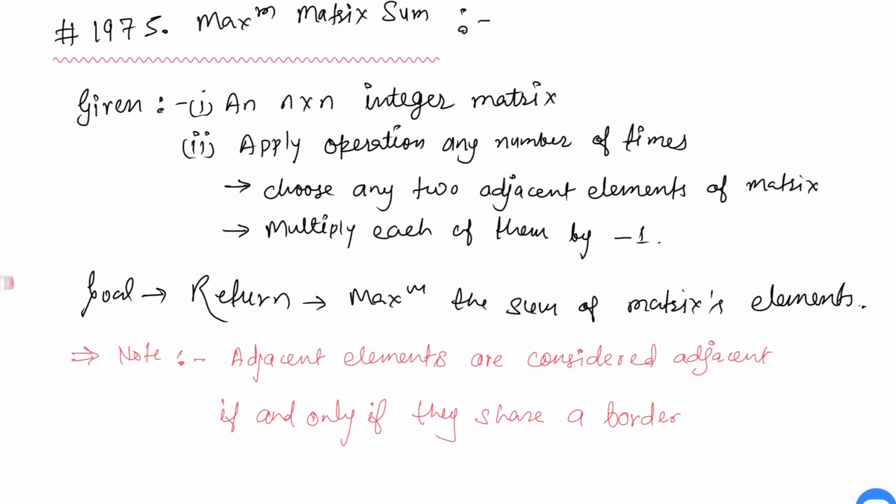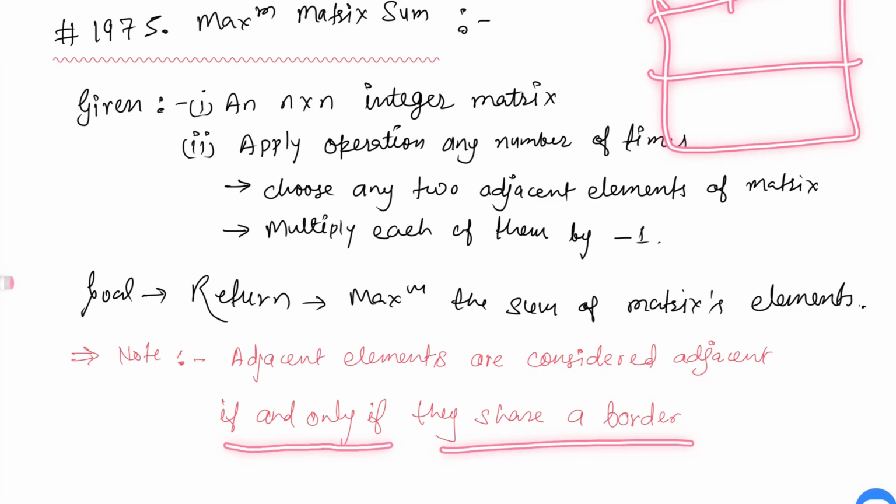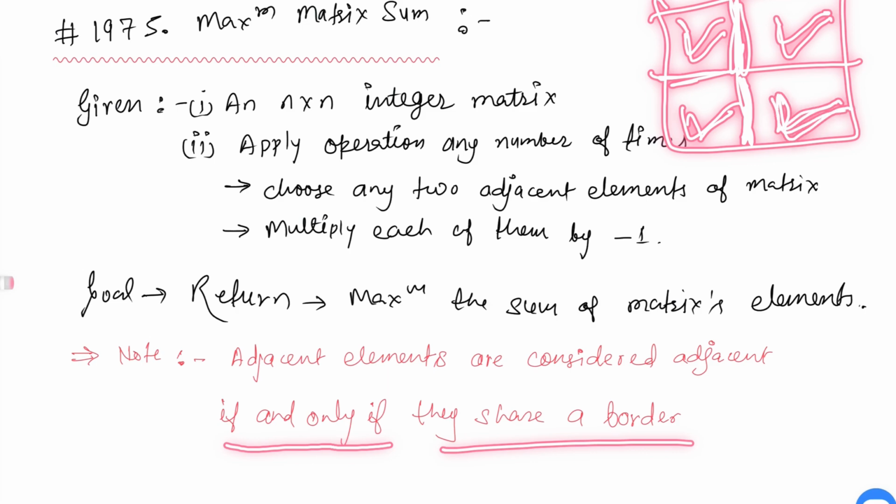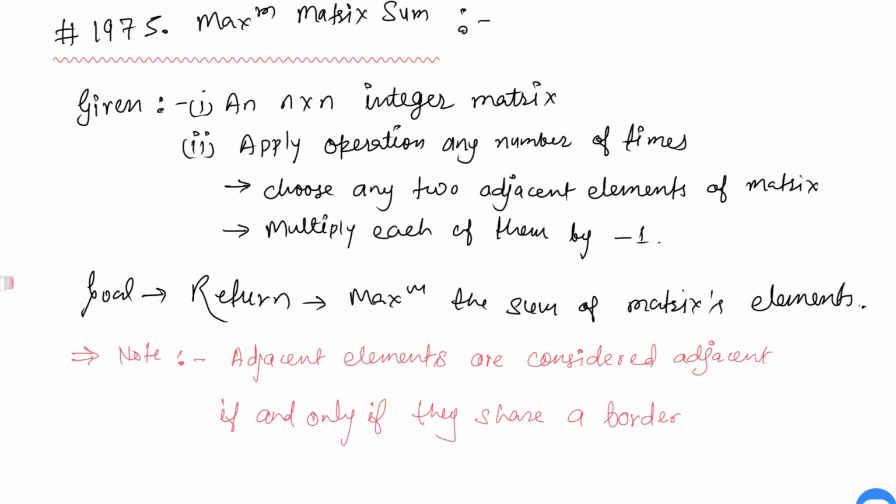Adjacent means if and only if they share a border. Let's suppose we talk about this matrix. Here this is adjacent with this, and this with this, and this is also adjacent with this. So if you are talking about this one, it could be adjacent with this and this.